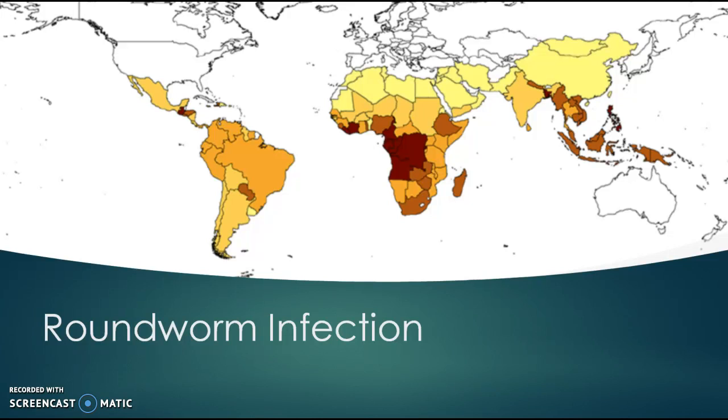And they're most common in developing countries because of what we talked about previously when it came to how to prevent these infections, which is washing your hands and other hygiene prevention aspects. And these countries typically don't have access to clean water or the materials to have proper hygiene.